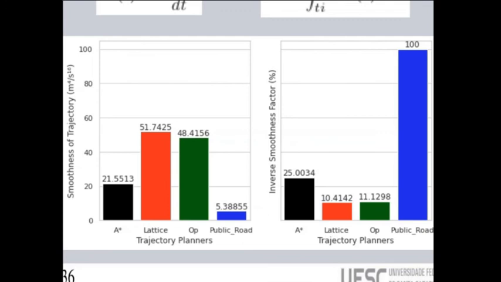And as you checked in the video, and also in the trajectory planner's profile in graphic 1 that I showed you, you can check that these planners have more oscillation in their graphics, and public road was more smooth.